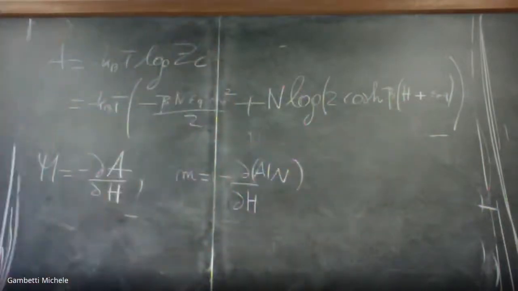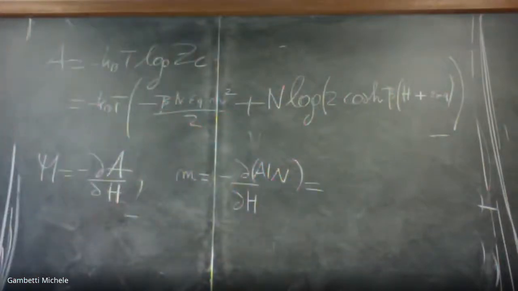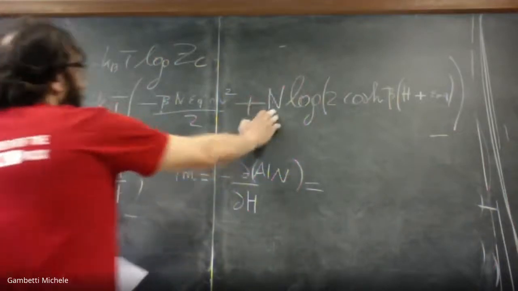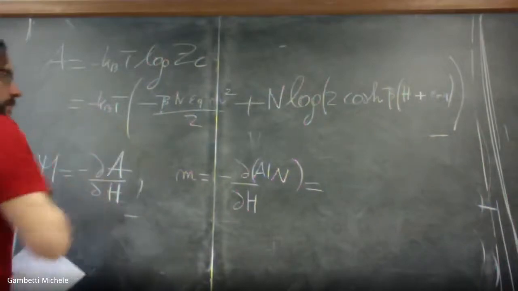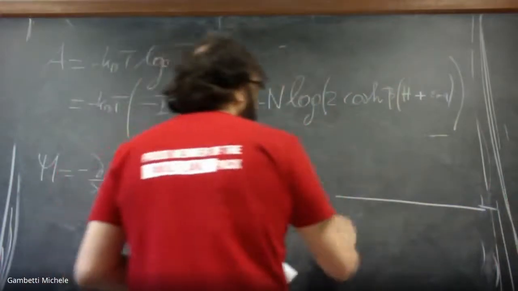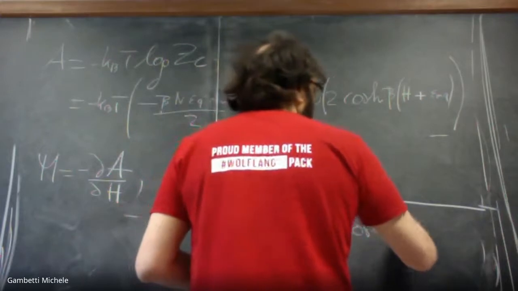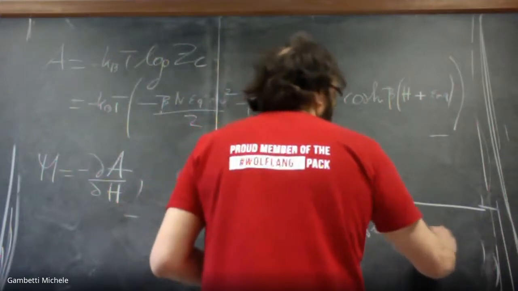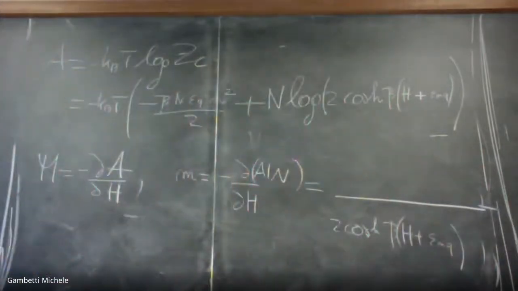So the magnetization of a particle has actually a very simple formula. I just need to do this derivative. N goes away, the kB T is still there, but I have in the denominator 2 hyperbolic cosine of beta times h plus epsilon q m.